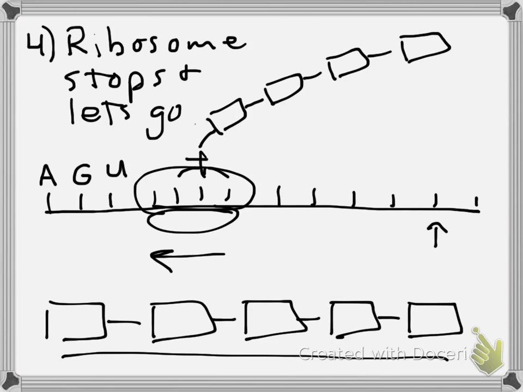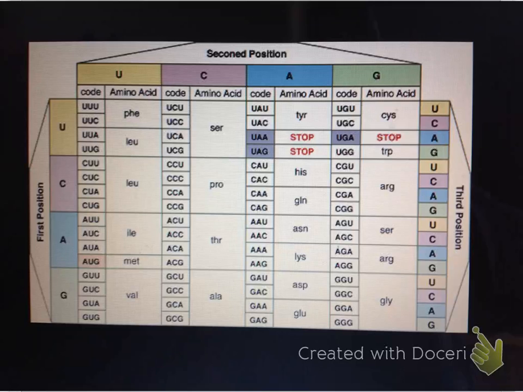The last thing that you need to know is how to determine what these amino acids are just based on the mRNA sequence. To do that, you use something called a codon table. I'm going to pull up the image of a codon table here. This is a codon table.